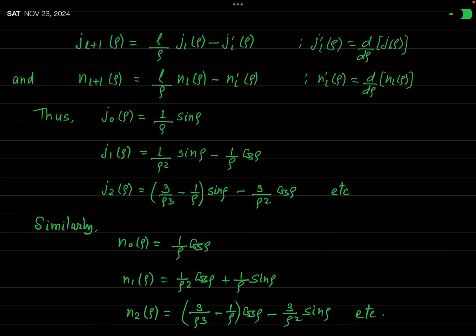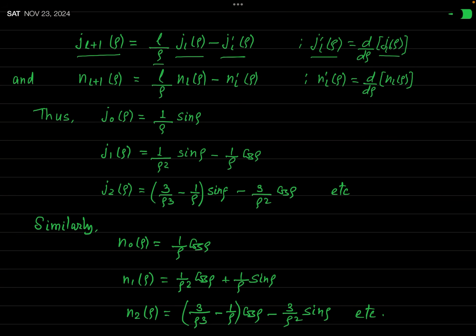The first one is j_{l+1} of rho is equal to l over rho times j_l of rho minus j dashed l of rho. What is this j dashed? Here the dash represents the first order derivative. Actually, j dashed l of rho means d by d rho of j_l of rho.